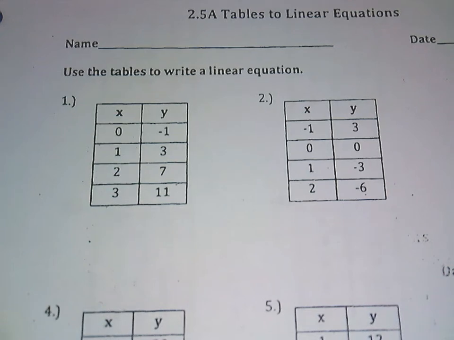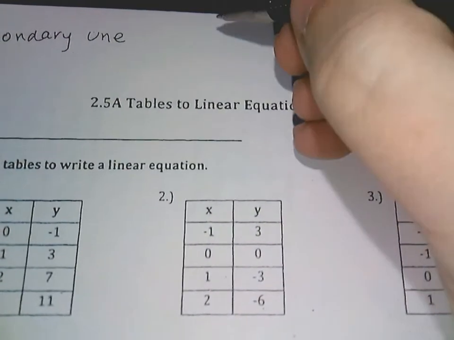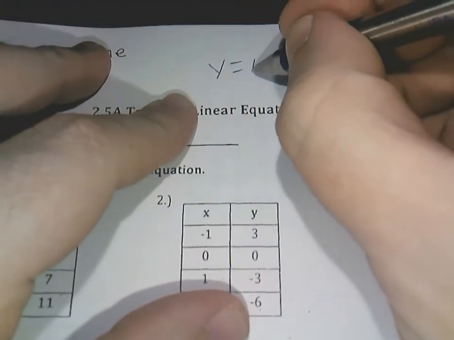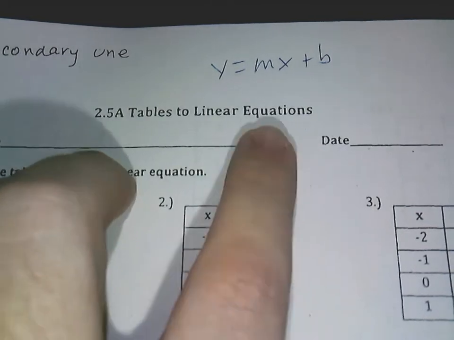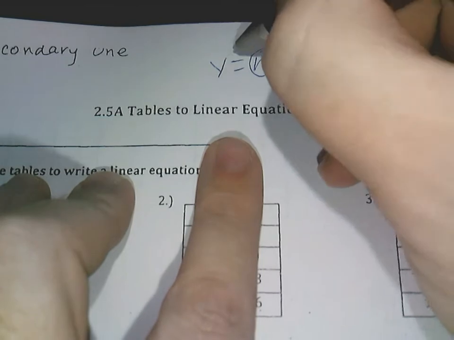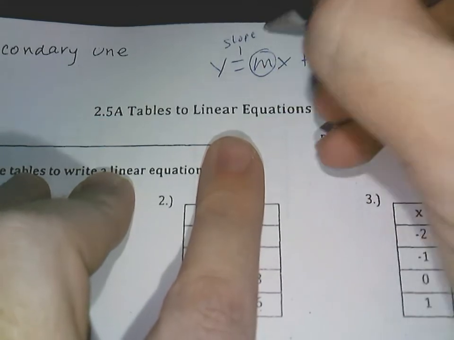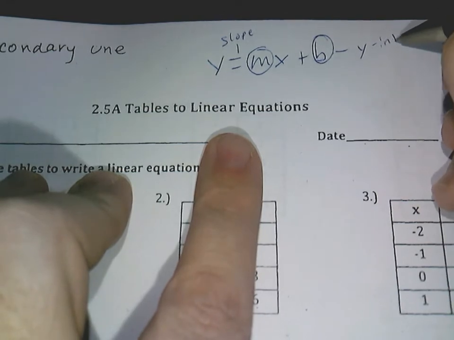Okay, so today we're going to be talking about writing a linear equation, given just a table. So not doing anything with a graph today, we're just trying to find that linear equation. Remember, a linear equation is written as y equals mx plus b, with the two key pieces of information we need being the m, which is our slope, and the b, which is our y-intercept.